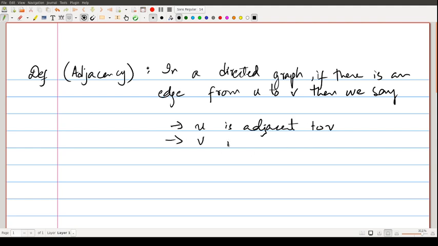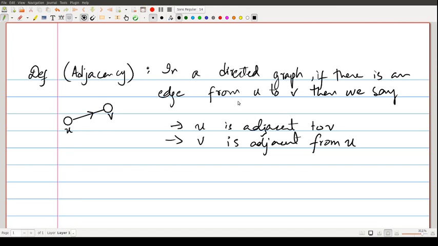We also say v is adjacent from u, right? And so these two vertices are basically called adjacent to each other. Okay, so let's say you have one vertex u and there is an edge going to another vertex v, so u and v, right?